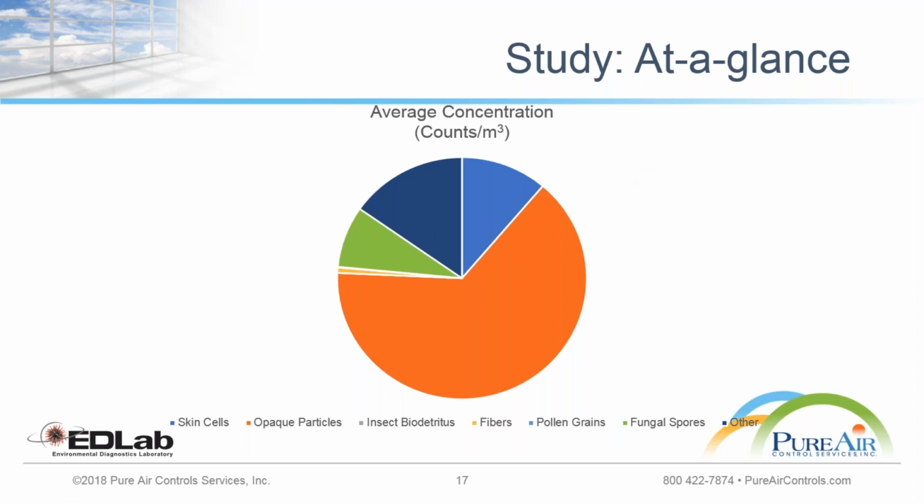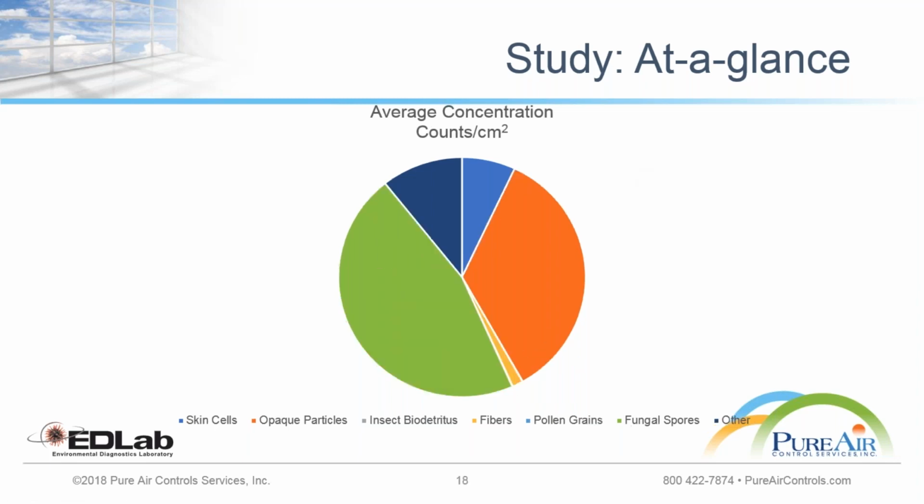And in terms of surface, you can see this pie chart. It will be coming in a minute. You can see again the skin cell is one of the very predominant, or top three predominant, biota in terms of number.